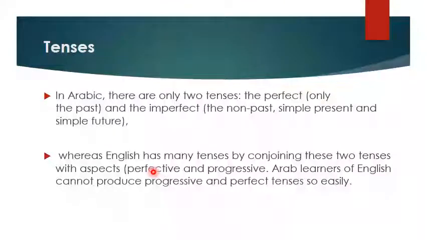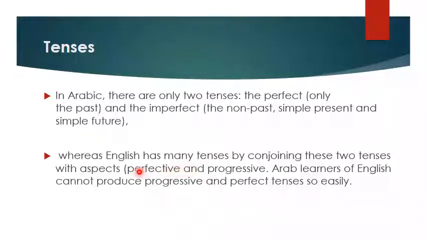However, we have other tenses that express aspect. Aspect means it can express the continuity of the action, how far or how long it took, whether it is finished or not.